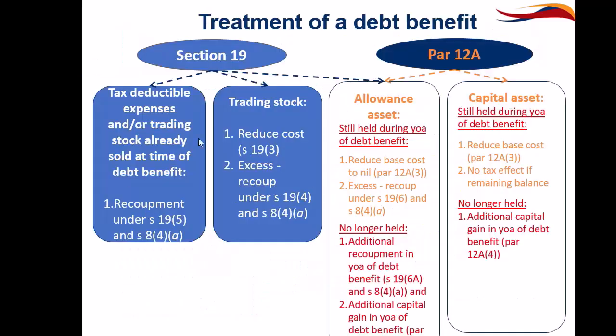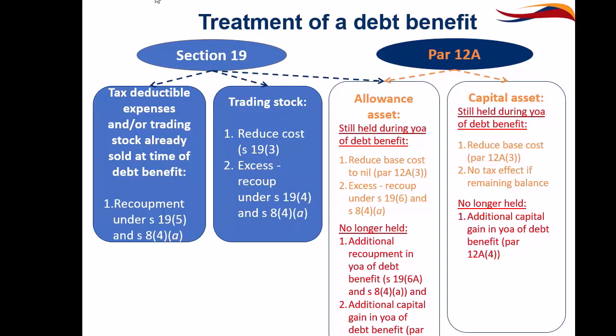Let's look at this table. Okay, we've been through it in the first session. From what we've read in the scenario, we can see that the expense or the debt was used to buy trading stock. And it was clear that some of the trading stock is no longer on hand.